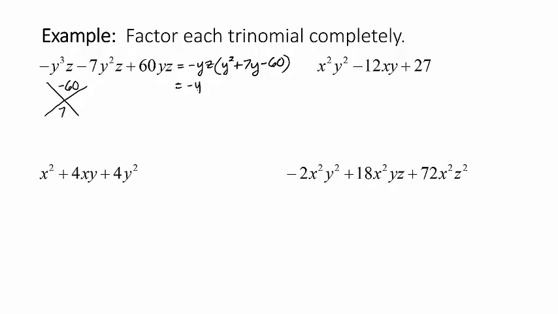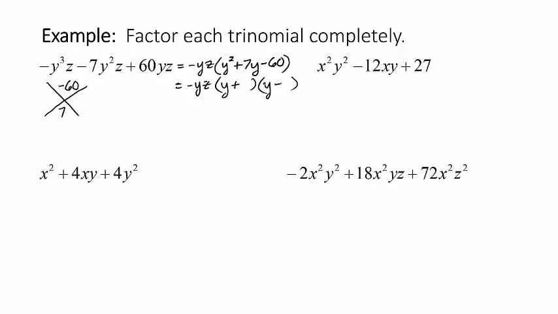So now think about the signs on these things. We're looking for two binomials. Y times y is y squared. The 60 is negative, right? We're subtracting 60, so that means that one of them has to be positive and one of them has to be negative. Positive times a negative is a negative.